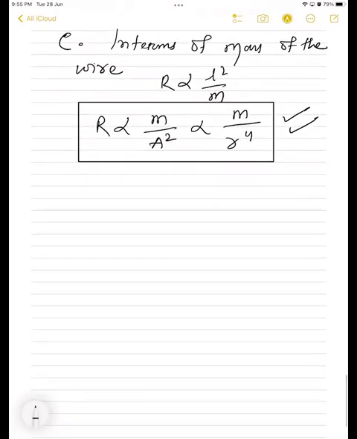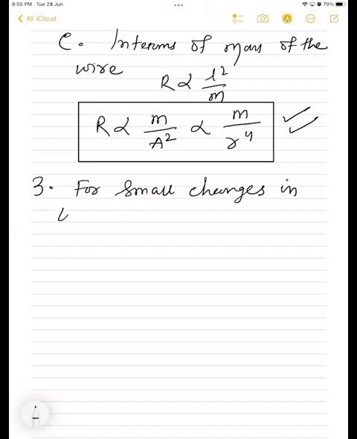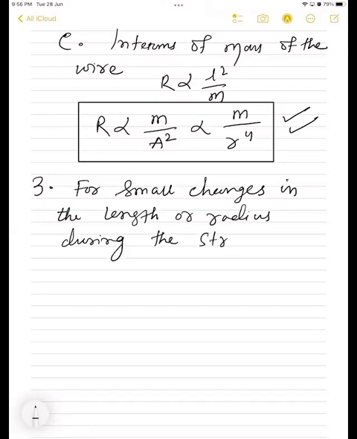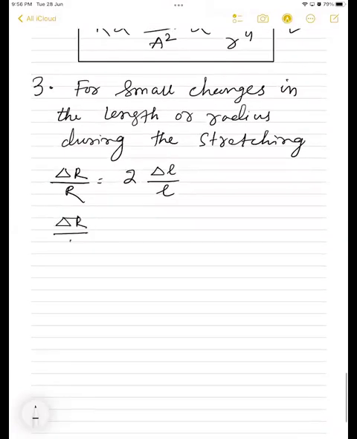And one point, add it here: for small changes in the length or radius during the stretching, change in resistance by resistance is equal to 2 delta L by L. That means delta R by R is equal to 2 delta L by L. Length is increasing, and it is inversely proportional to area, so delta A by A is minus 2 delta L by L, that's why negative, right?